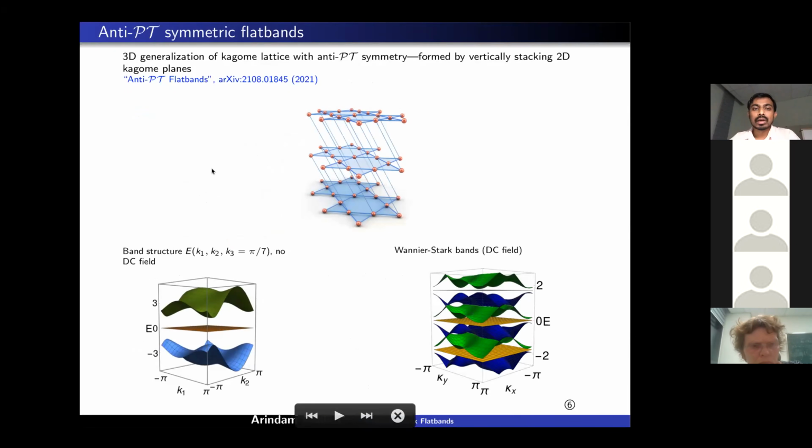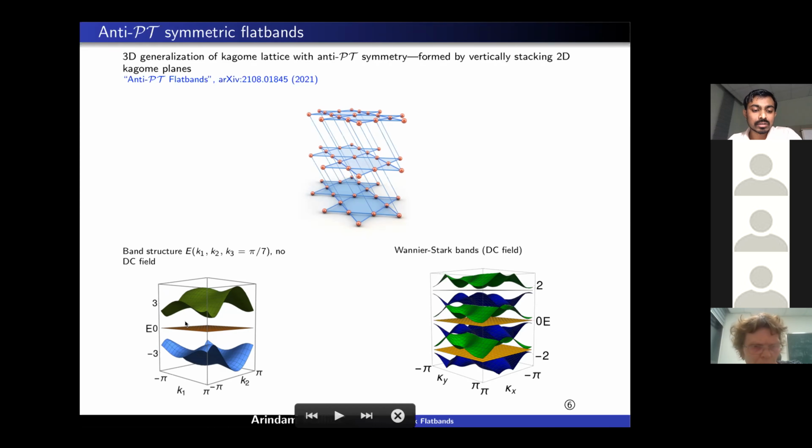To demonstrate that, we consider a 3D generalization of the Kagome lattice with antiparity-time symmetry, formed by stacking 2D Kagome planes vertically on top of each other. So this is the Kagome lattice, and we stack it vertically. The left figure is the band structure without the DC field.